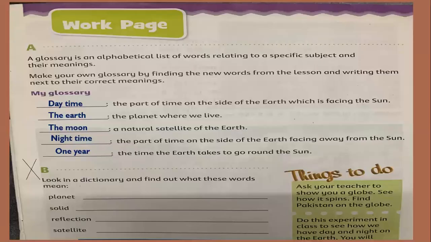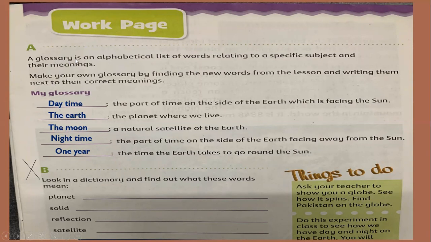Now we have the work page. 2 exercises. We have exercise A and B, but according to the scheme of studies, only exercise A is included in our syllabus. Okay, what are they asking? A glossary is an alphabetical list of words.